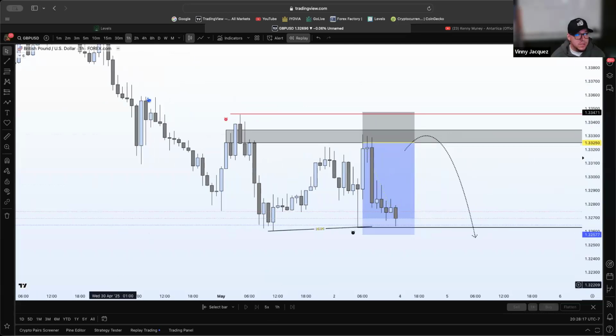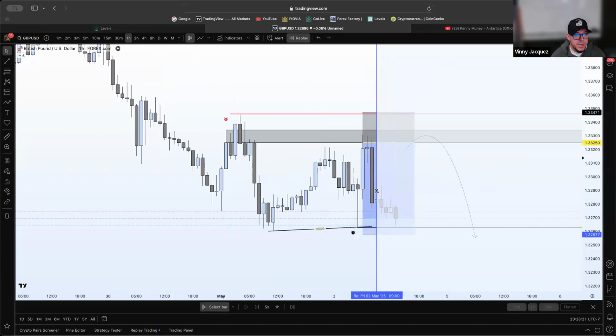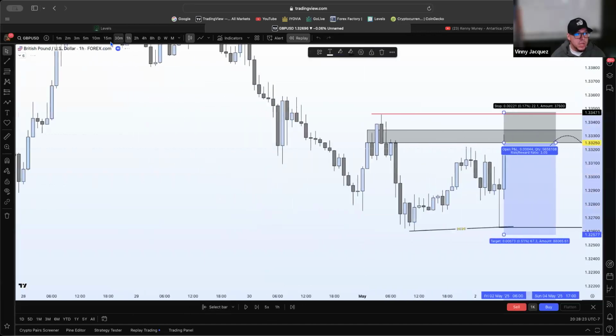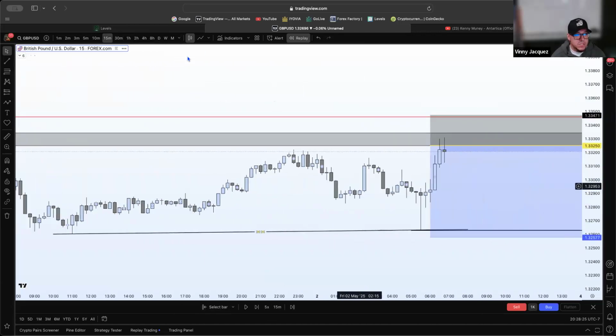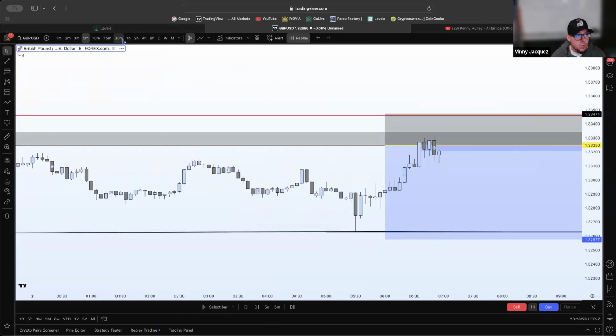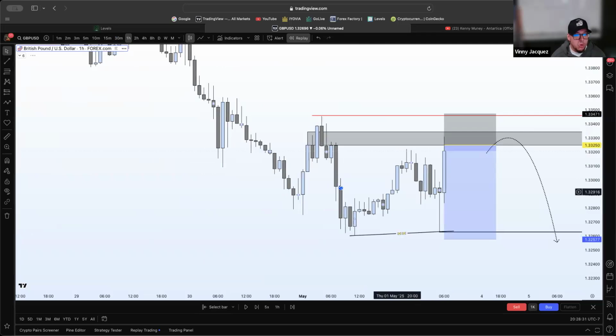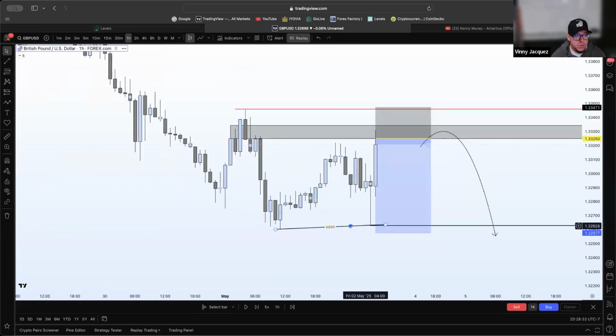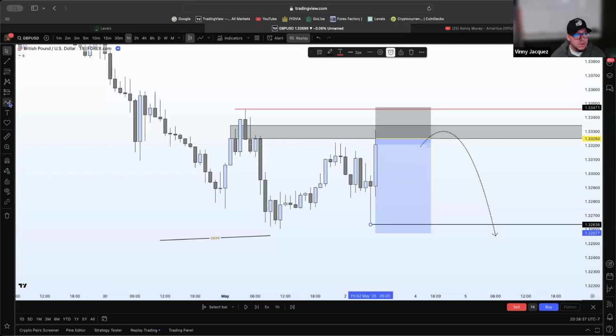Let's actually go back down to the lower time frame to see what we could see that give us confirmation. So as soon as the market touches it, let's drop down to the 15. Let's drop down to the 5. Okay. Notice when we're on the 1 hour time frame, my closest pullback is right here, guys. I'm gonna move this out the way for now. My closest pullback is right here. I want to drop down to a lower time frame till I see a pullback a bit closer till we get here, right?